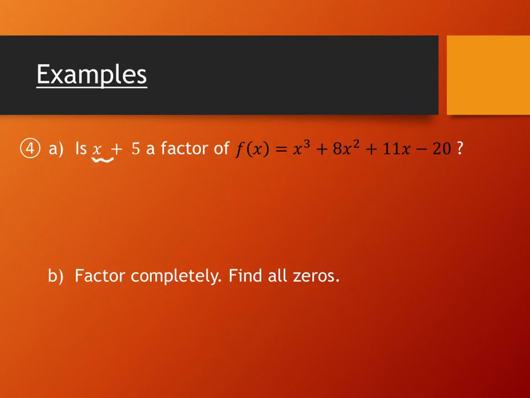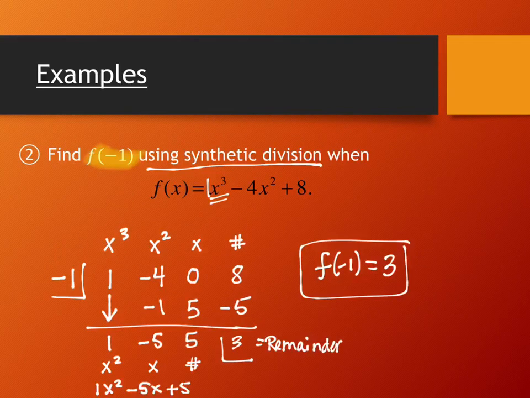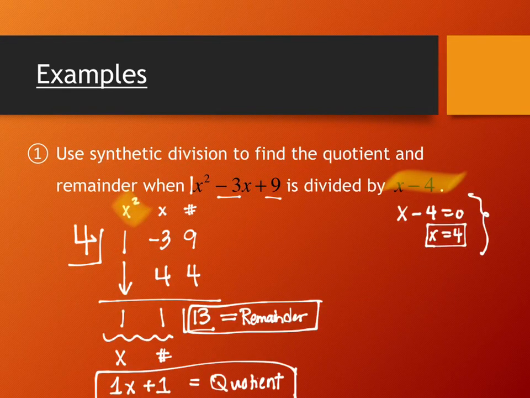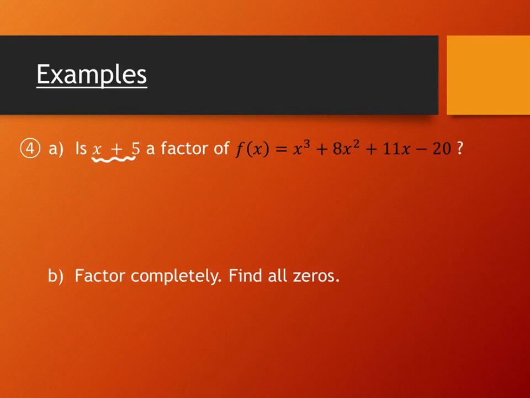Well, it means that if I take x plus 5, just like I did on problem number 1, when I had that x minus 4, and I set it equal to 0, that's the number that's in the box on the outside. So I need to take the x plus 5, either in my head or on paper, whatever it takes for you to see what it is, set it equal to 0, and what will x equal? -5.